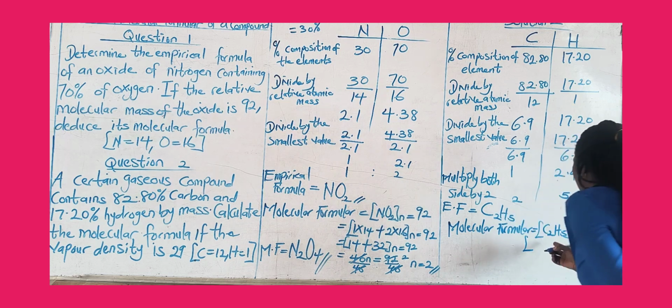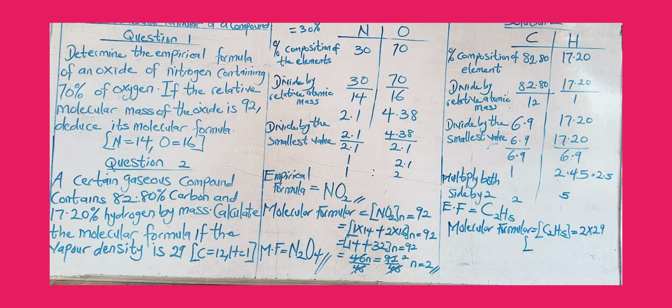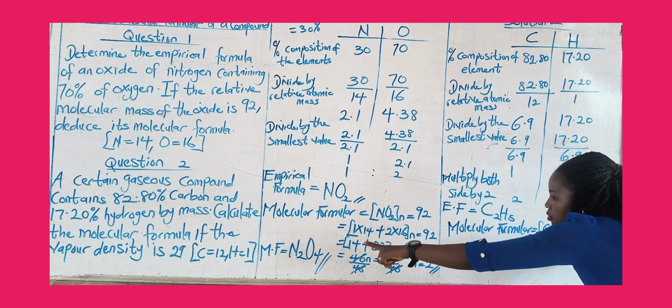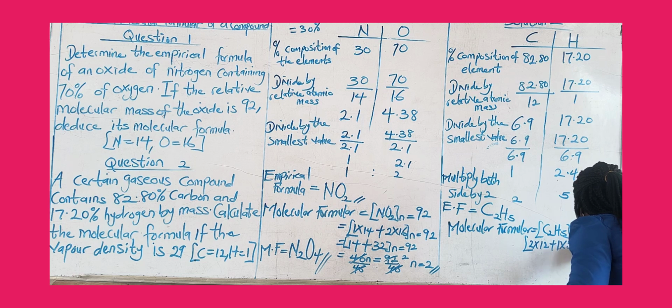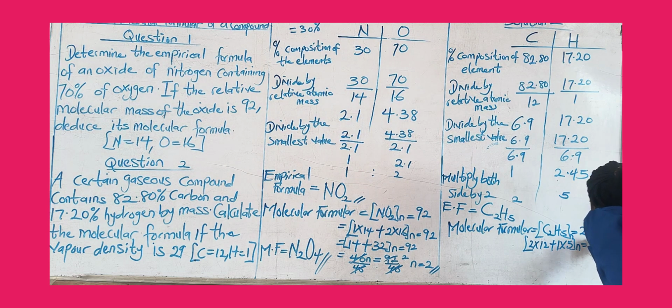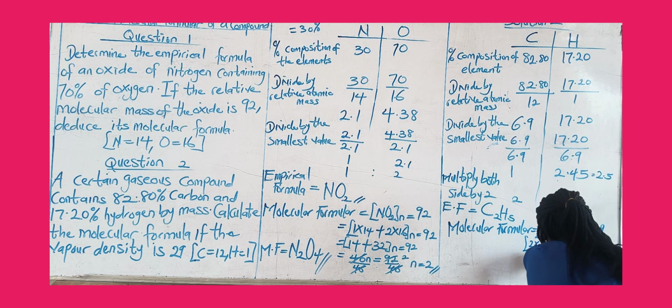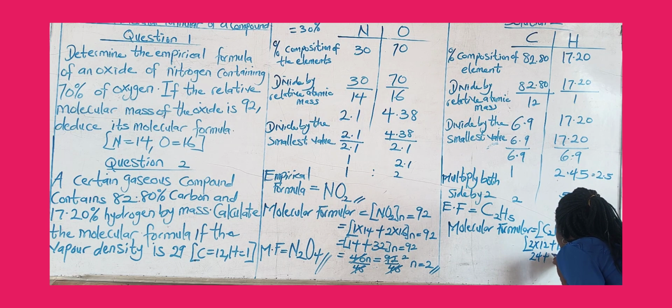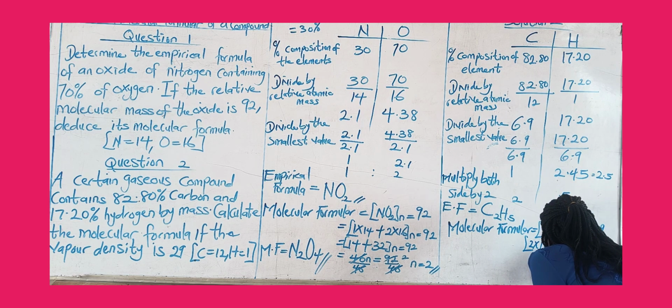Good. Now let's look for the relative mass of the empirical formula. That would be (2 multiplied by 12 plus 1 multiplied by 5) times n, equals 2 multiplied by 29, which gives us 58, right? So we have 24 plus 5, which is 29, times n equals 58.